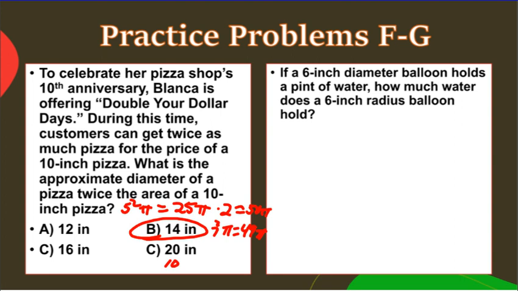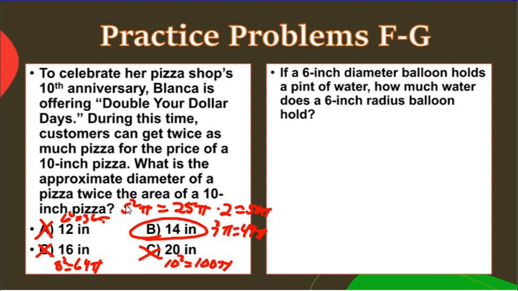If you did this one, 20 inches, that would be 10 squared, that's 100 pi, too big. Half of 16 is 8. 8 squared is 64 pi, that's still too big. Half of 12 is 6, so 6 squared will give you 36 pi. That is also too big. So B, 14, would be the correct answer.